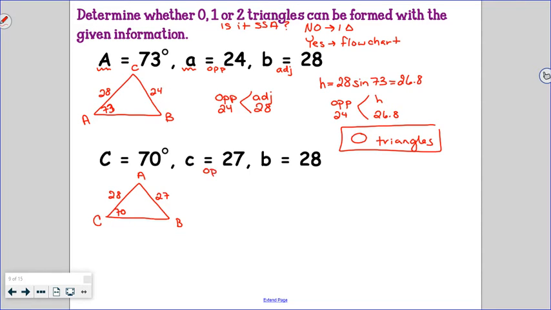C would be our opposite, B would be the adjacent. So I compare the opposite to the adjacent, and we go to our flow chart. The opposite is less than the adjacent. We already talked about this one: my flow chart leads me to find H. So H is the adjacent times the sine of our angle.